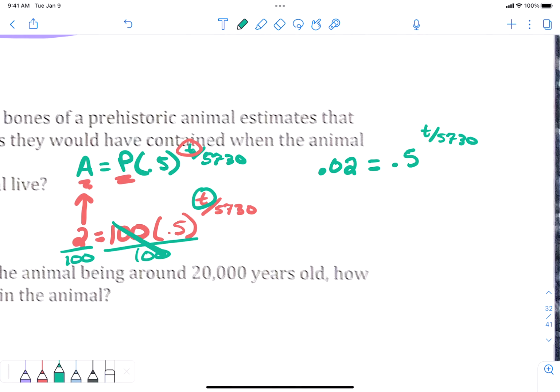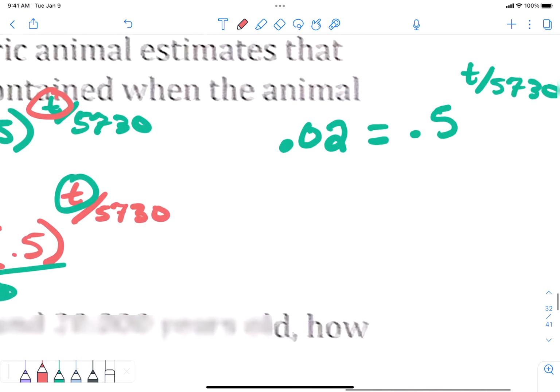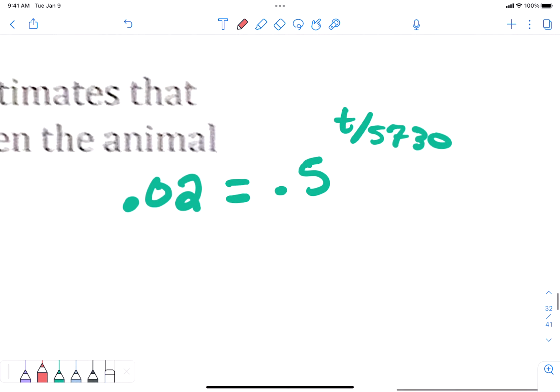Okay? Are we happy with what's going on now? Yeah? Okay, now I have that T up in the top, and there's only one way of him coming down. How can I make him come down? I have to use a log of some sort, right? So we can either put log in front of both sides or we can put ln in front of both sides.